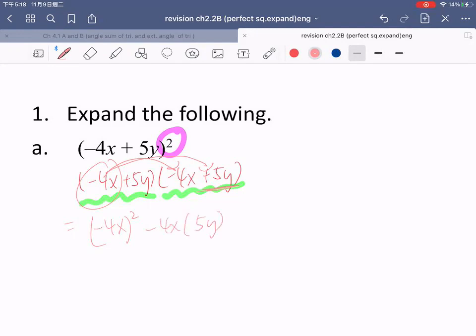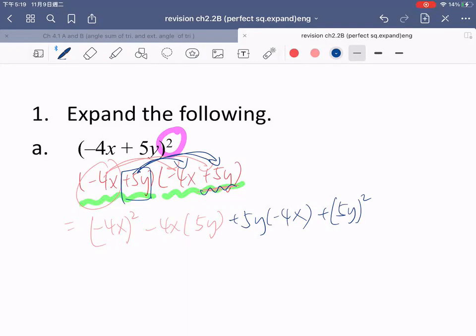And then you have 5y times minus 4x, and also 5y times 5y, which is 5y bracket squared, because 5y times itself gives you 5y bracket squared.